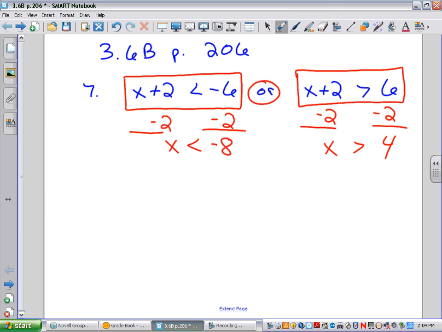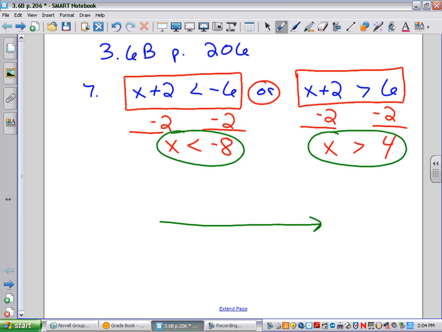And we graph both of those answers. This is one answer. This is the other answer, but we graph them together on the same number line. So we draw a number line. There's 0. The first one would be -8, open circle, less than goes to the left.